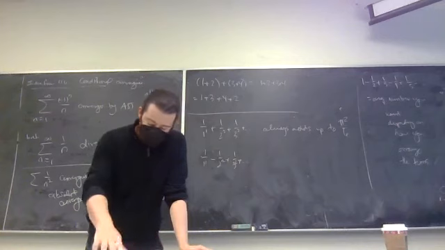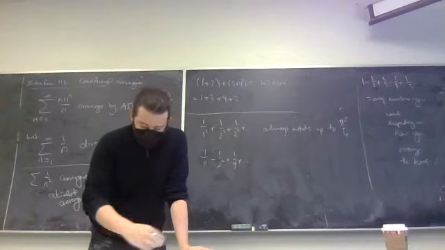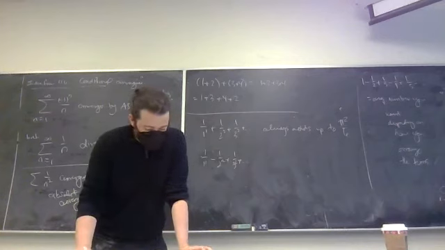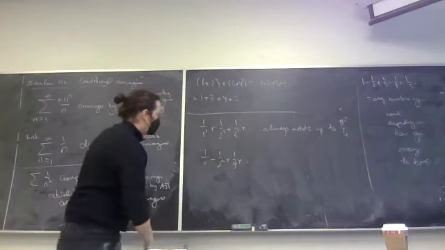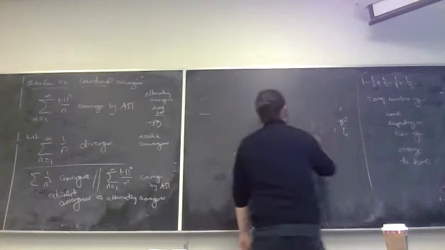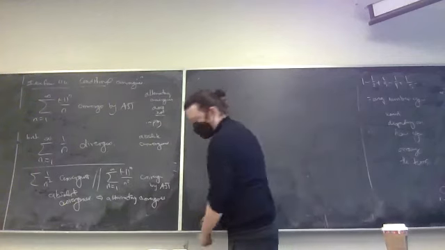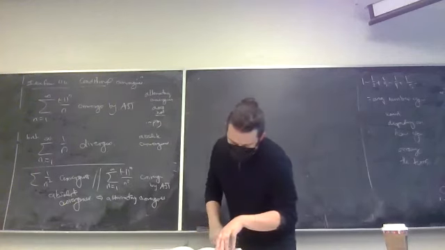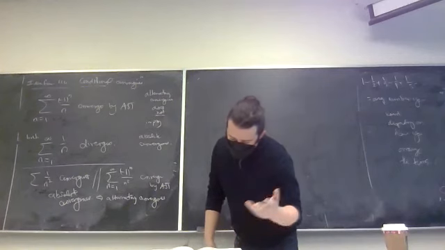All right, so let me do one example, kind of a gnarlier looking one. What does an alternating series look like in practice? Okay, so how about we look at, I mean, this is too easy.